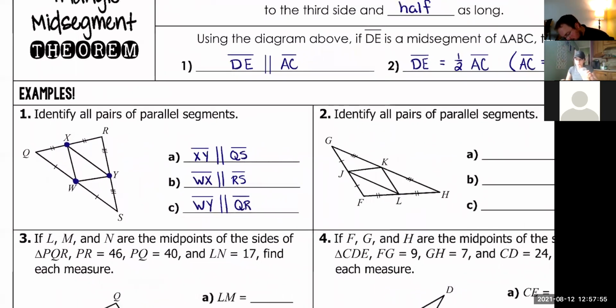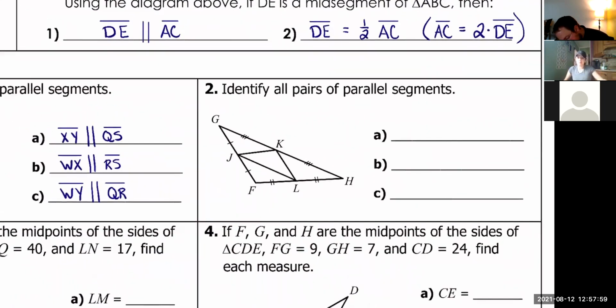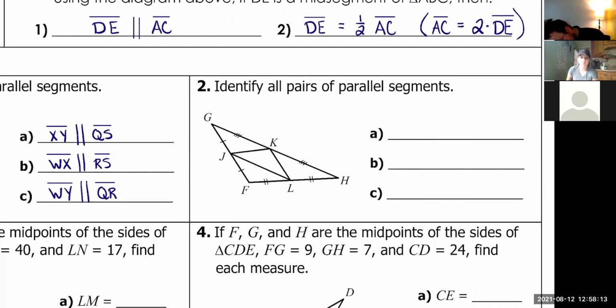Now, second one, again, same idea. In fact, almost identical. I'm going to run through this one a little bit quicker because, again, we have 3 mid-segments. Can be confirmed if you look, all the points have been cut in half thanks to those little hash marks. But what I have here is segment JK is parallel to side FH.